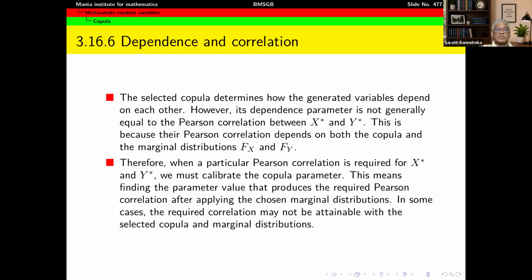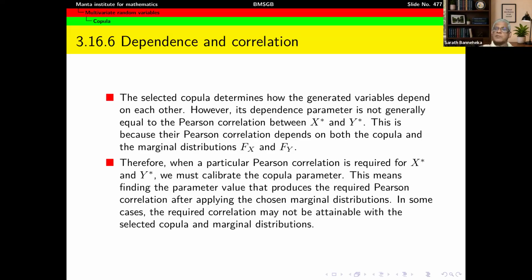This is because their Pearson correlation depends on both the copula and the marginal distributions of X and Y. So when we specify the dependence structure between X and Y, that is the dependence structure we want in X star and Y star. It is not enough to somehow calculate the correlation between X and Y from the data and substitute that into the copula formula.